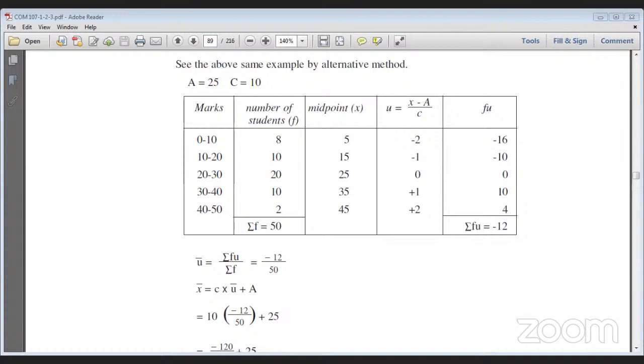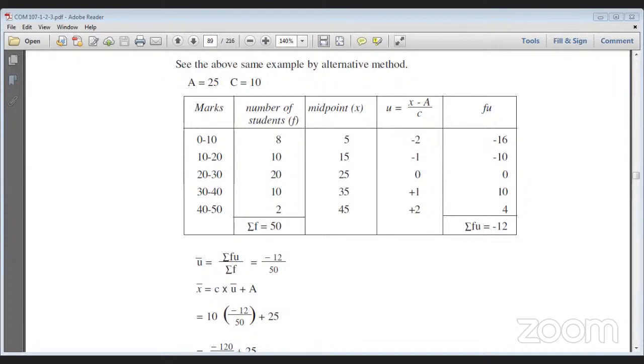To calculate quartile 1, n upon 4 observation, 50 upon 4, that is the 12.5th observation, that is in the class 20 to 30. So quartile Q1 is equal to L1 plus (n upon 4 minus CF) multiplied by I divided by F, 20 plus (12.5 minus 5) upon 10 into 10 is equal to 20 plus 7.5 into 10 upon 10, the zeros are cancelled here.